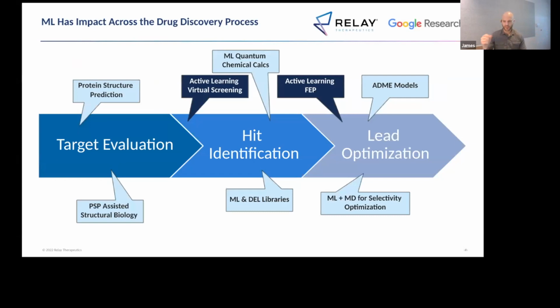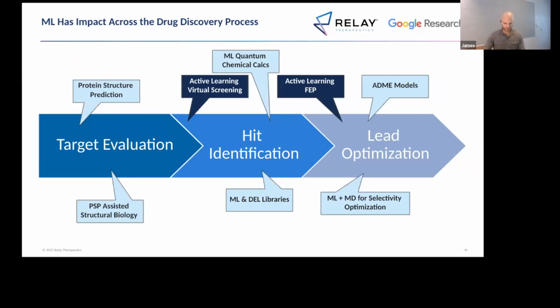In the lead optimization stage, we're now trying to refine these hits and find the best binder that we can using the information that we gained from the hit identification stage. The straightforward way to do this would be to make and test a bunch of different molecules and see how they bind to the target protein. But as you can imagine, that's a pretty manually intense, expensive and time-consuming thing to do.